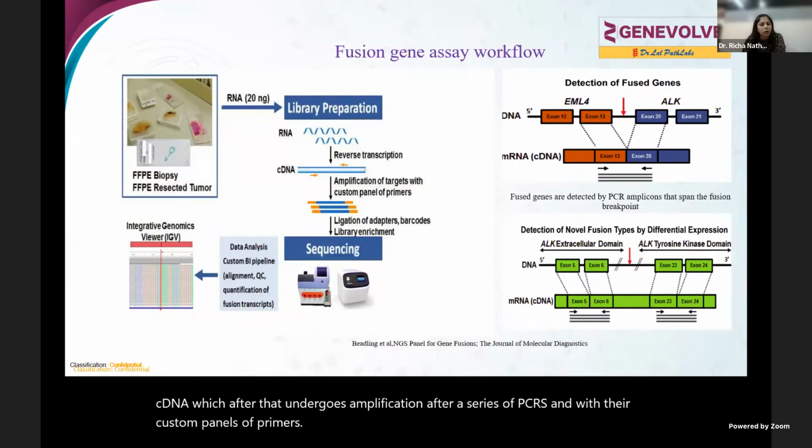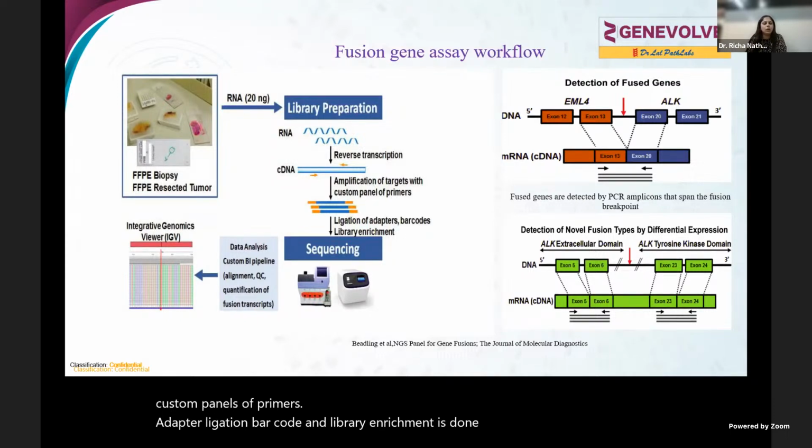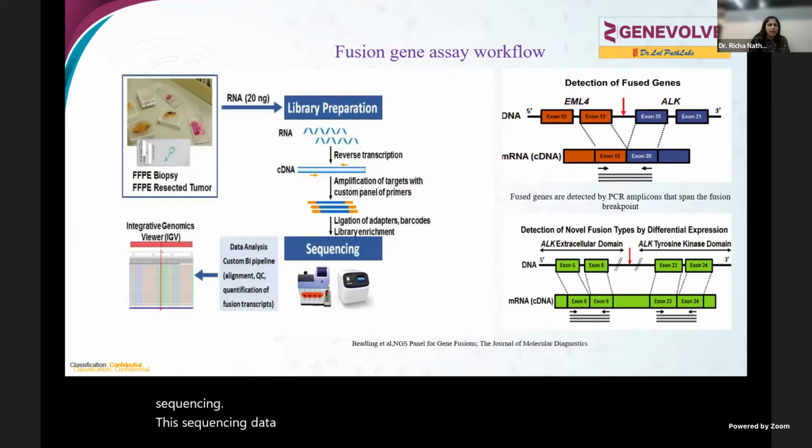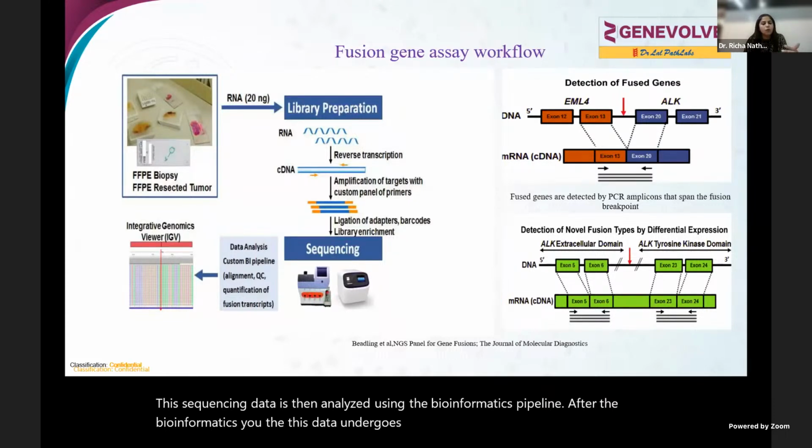Adapter ligation, barcoding, and library enrichment are done, which then undergoes sequencing. This sequencing data is then analyzed using the bioinformatics pipeline. After the bioinformatics, this data undergoes alignment, goes for QC check, and also quantification of the fusion transcript.